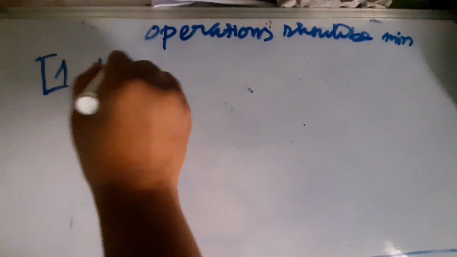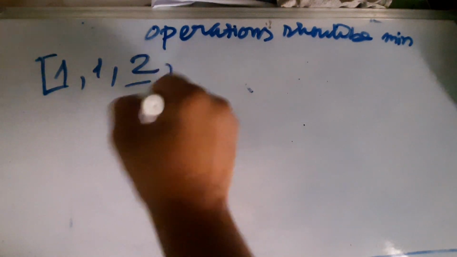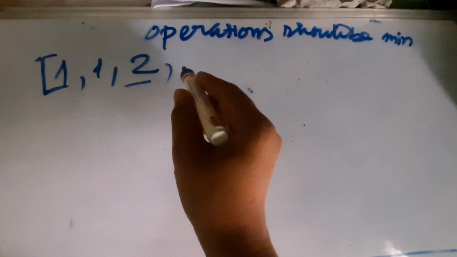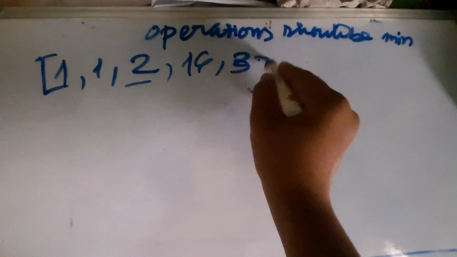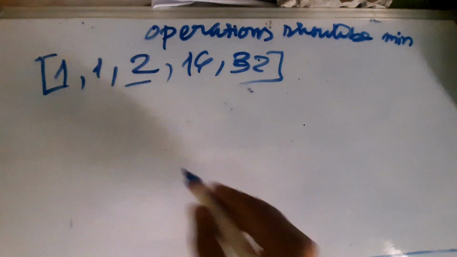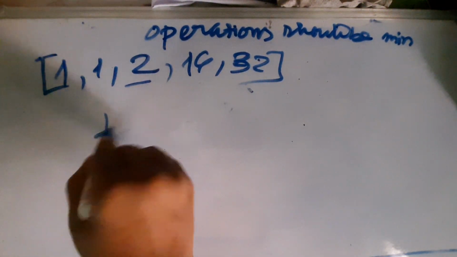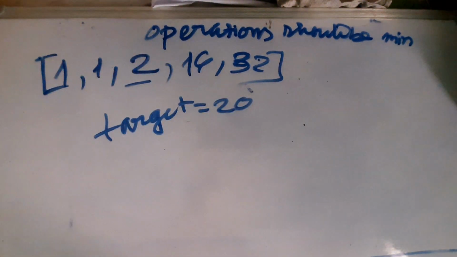Suppose the array is like this: 1 1 2 16 32. And now our target is, let's say, 20. Yeah, why not 20? Because we have already calculated for 20 what the bits will be.